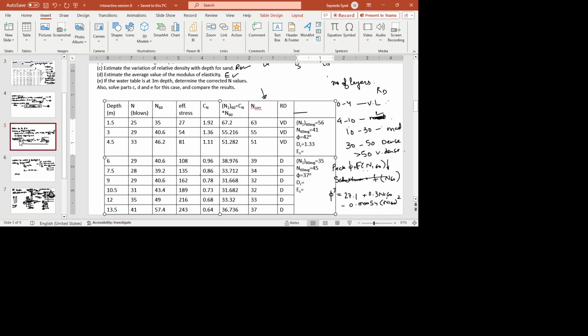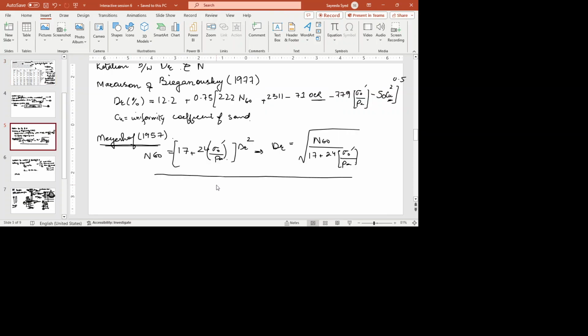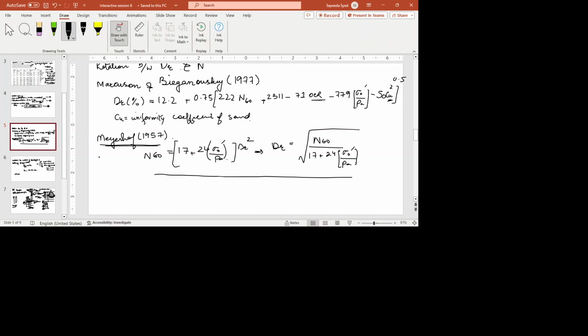There is one more relation that we can explore for Dr. This is given by Skempton. Actually, let us do this relation only. Skempton in 1986 gave the relation N160 over Dr square equals 60 for Dr greater than 35. Let's calculate using this.